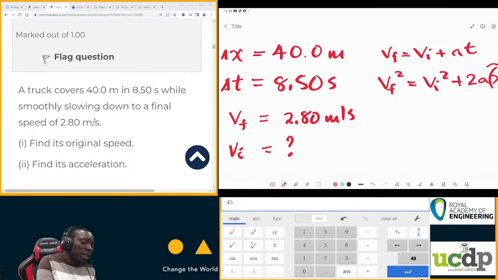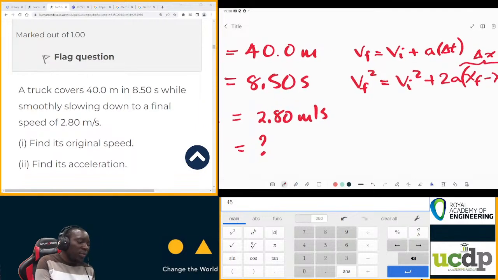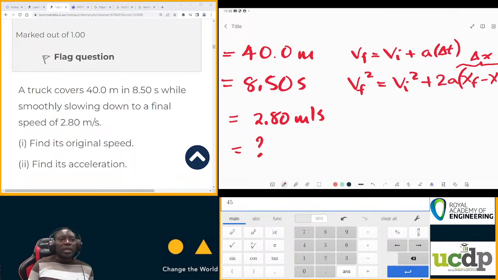Those symbols, if you want, you can incorporate them, if that's the way you understand it better, to show that it's a change. It's a change in the time, not just an instantaneous time. That shows you have an in-depth understanding of what's happening.